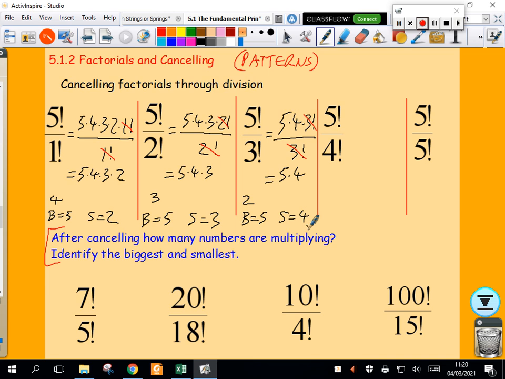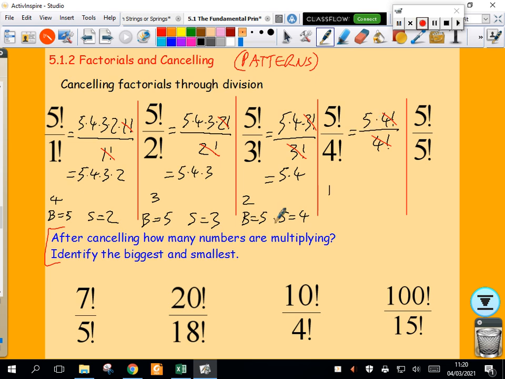Now we're going to look at 5 factorial divided by 4 factorial. 5 factorial is 5 by 4 factorial over 4 factorial. Again, what you'll see is there's only one term in there: one number multiplying, 5.